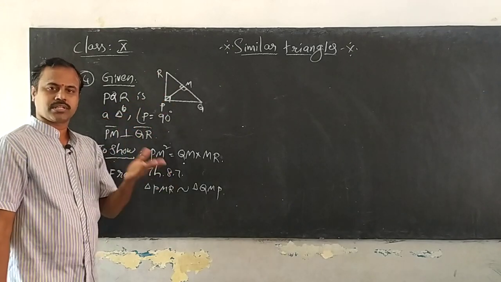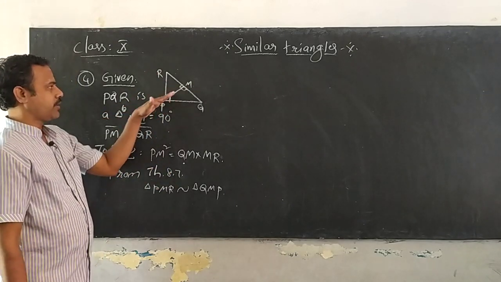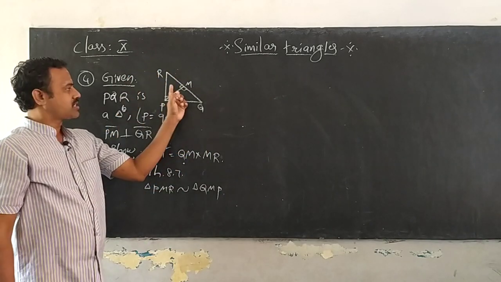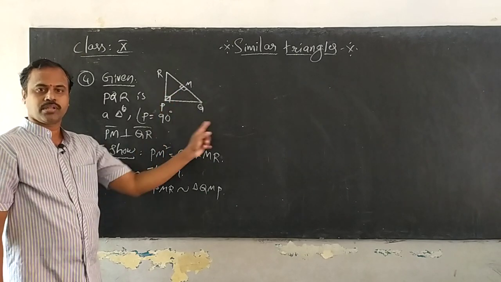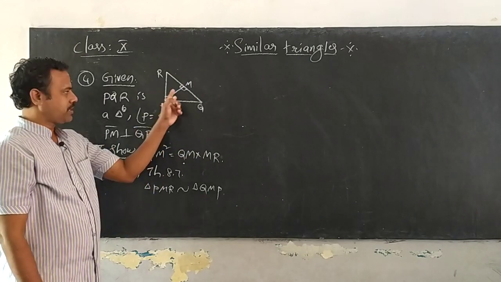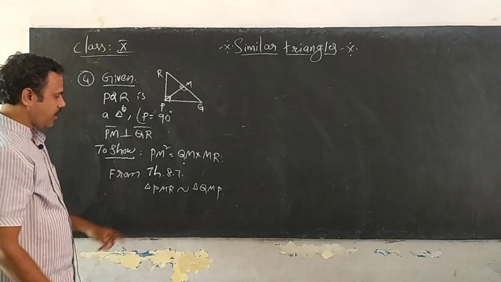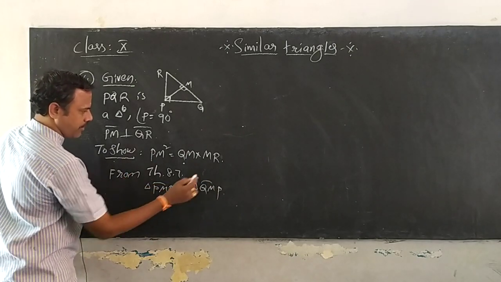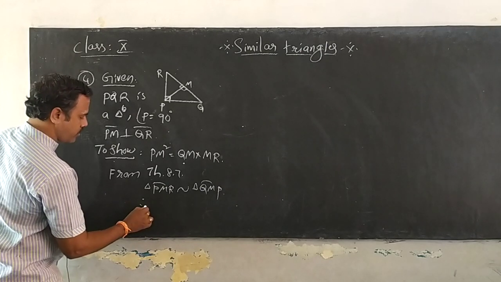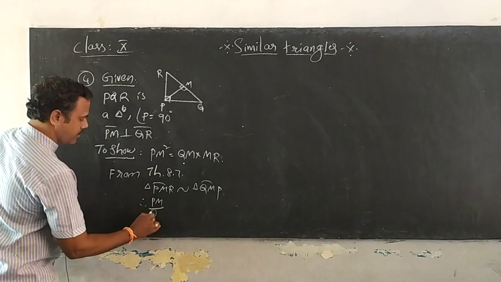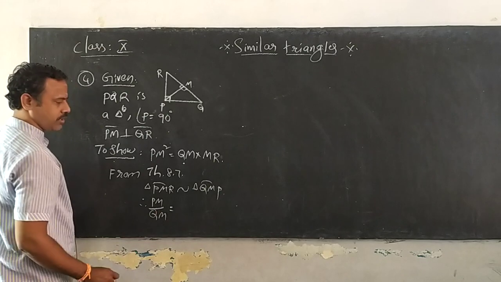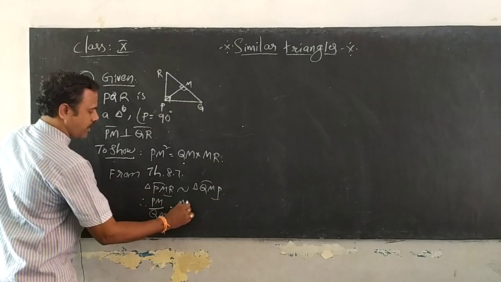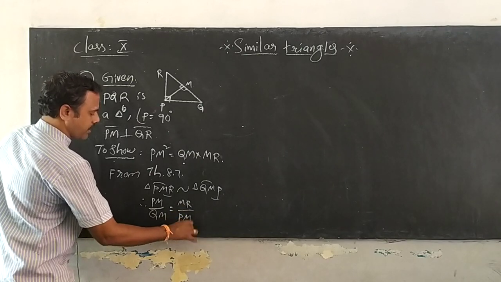Before the Pythagoras theorem, we stated a theorem that a perpendicular drawn to the hypotenuse will divide it into 2 triangles which are similar to each other and also similar to the total triangle. Based on that theorem, I take PM by QM is equal to MR by PM.